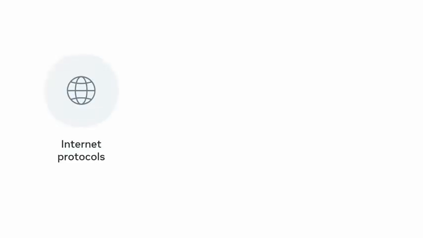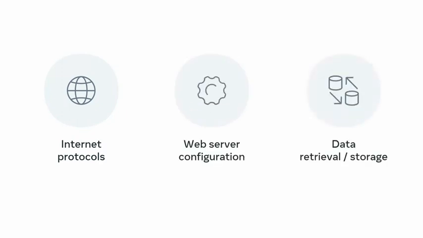Okay, so before you explore the structure of the Django framework, it's good to fully understand what is usually required to create a dynamic web application. This can involve working with Internet protocols, web server configuration, and data retrieval or storage. Let's recap these concepts quickly.